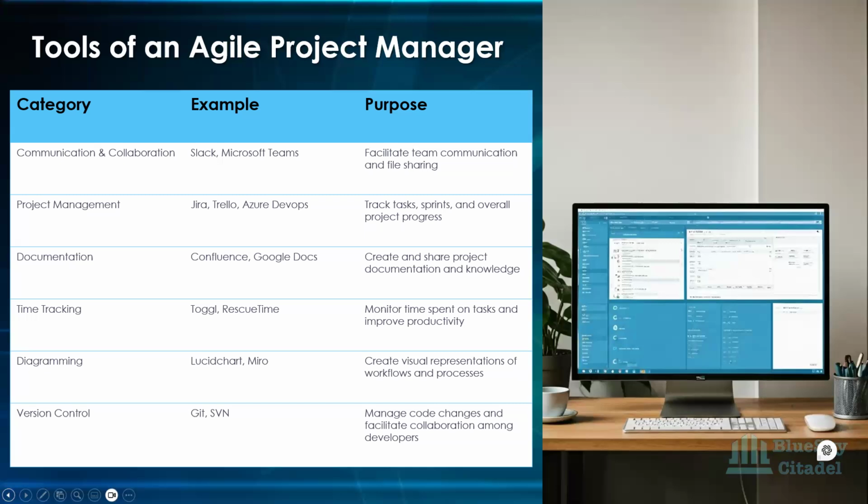Documentation will be through Google Docs or Confluence. Some organizations also use SharePoint, and it's a place where you put, for example, your release plan, your reports, and any documentation that is important for the success of your project.